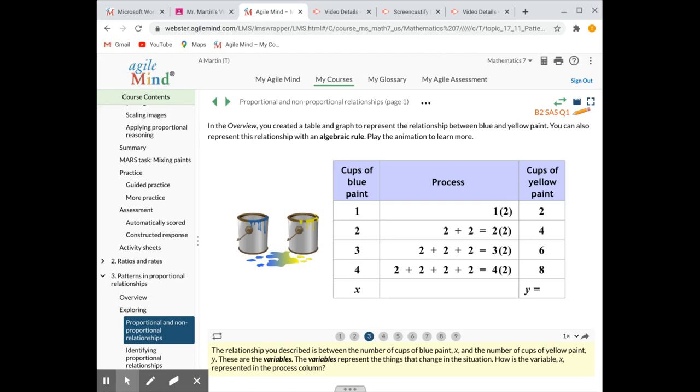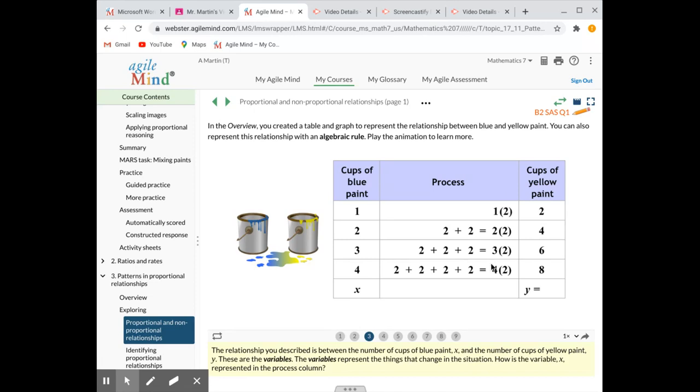And if X represents any number, then. Somebody help Isaiah now. Y'all talk together, see what you could come up with. What did we say happens to the cups of blue paint to find the yellow paint? What's happening? Every cup of blue paint you're going to have 2 times the amount of yellow paint.